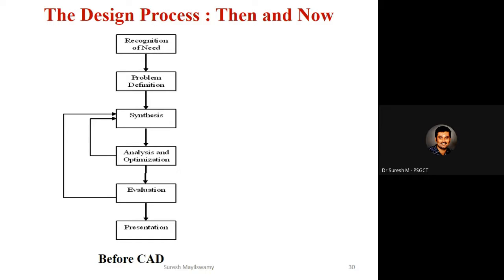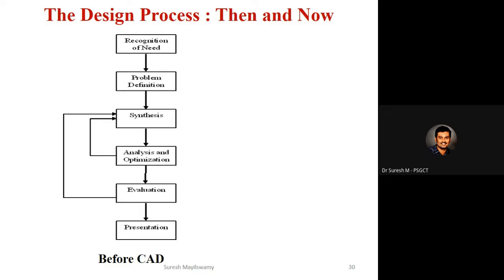Then which one is best and most suitable for our application or the expectation of the customer? That will be optimized in this stage, called analysis and optimization. After optimizing the design, we go to evaluation. Here we can decide whether this design is suitable for the expectation of the customer or not. That is called the evaluation stage.